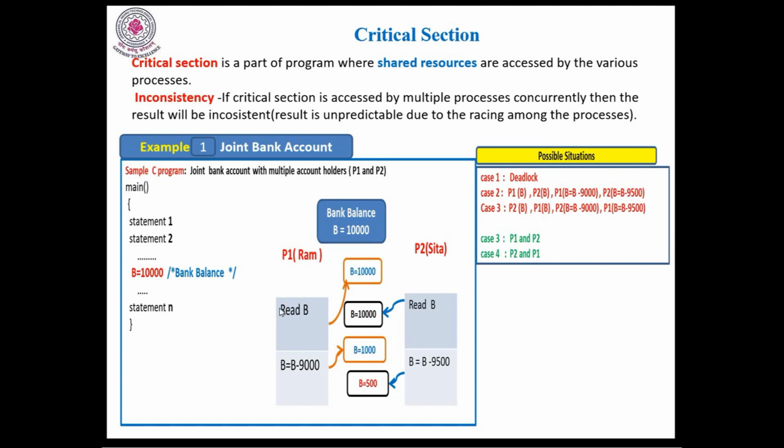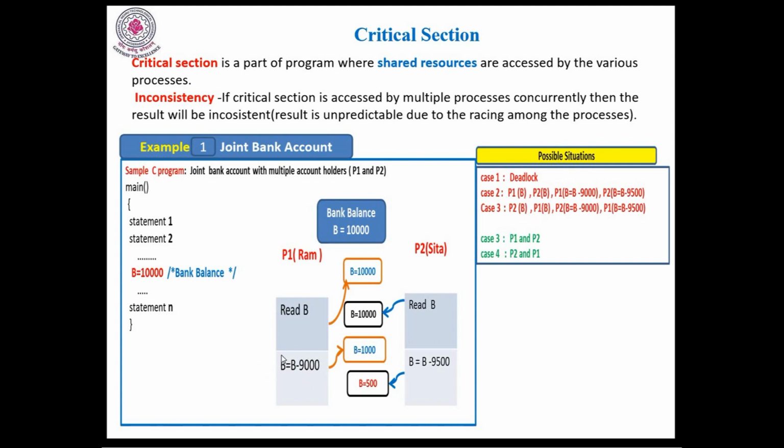While moving from the read instruction to the next instruction, P2 gets a chance to access the common variable. When it gets access, P2 sees that the B value is 10,000. Then P1 will be processing the next instruction.